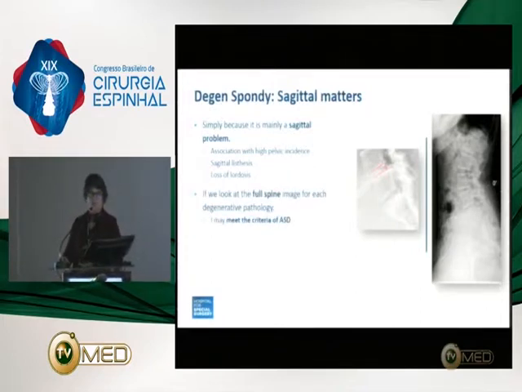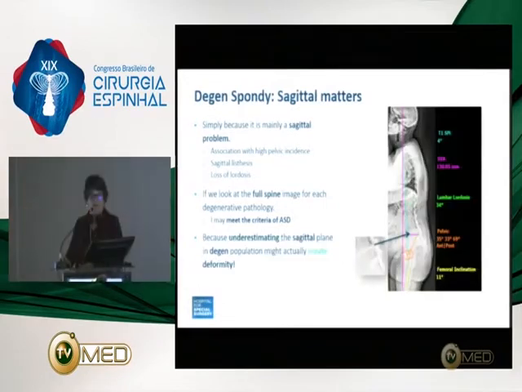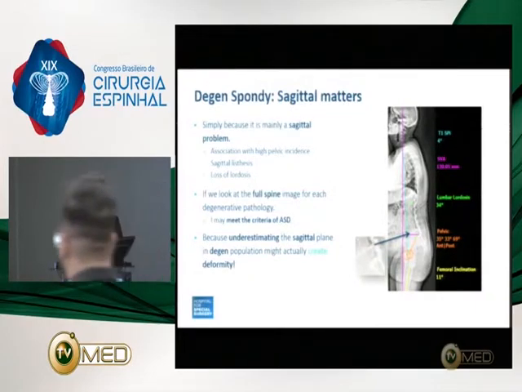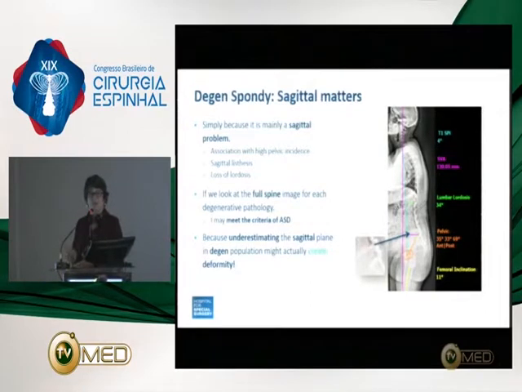And if you take an X-ray, instead of looking at just the lumbar spine, you look at the full film of the patient, very often you're going to realize that those simple degen spondy actually fit most of the criteria of what we call adult spinal deformity. Look at this patient. It doesn't look terrible.